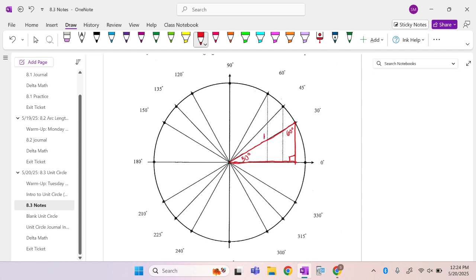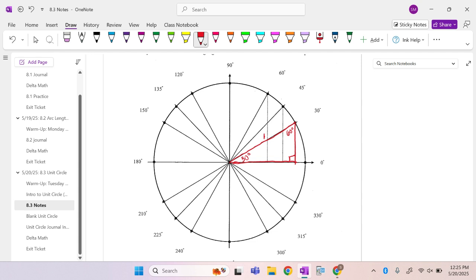You guys seeing it yet? Did we already do this? So if this is 1, what does the short leg have to be? Look back at what we just did. What side length was directly across from the 30-degree angle? Landon.